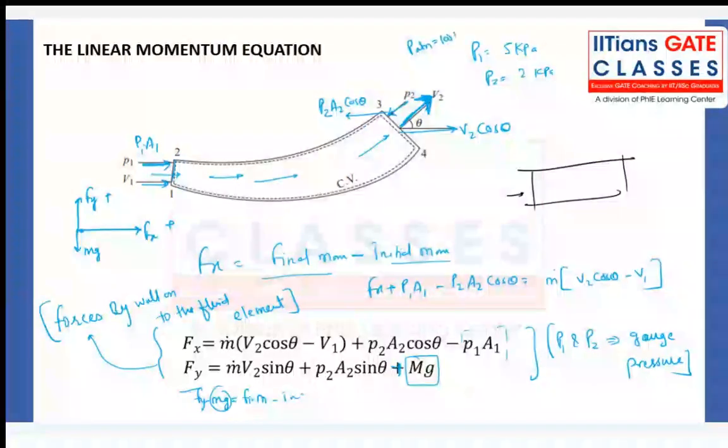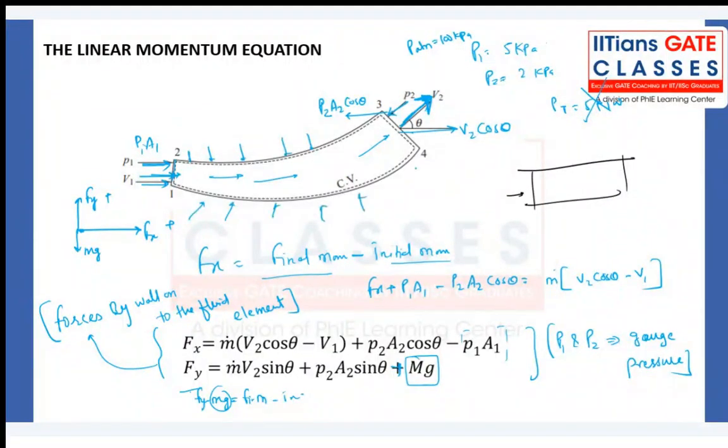Do not say P1 equals 5 plus 100. That is wrong. Only write the gauge pressures 5 and 2, because atmospheric pressure is acting not only here, it is acting here also, and here also. Together, PATM will cancel out, and you will be left with only the gauge pressures P1 and P2.